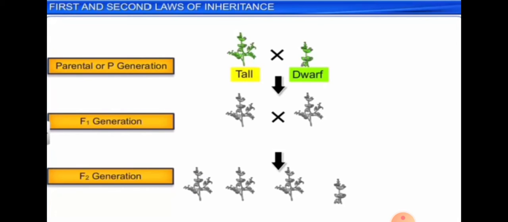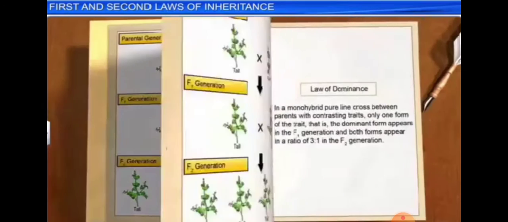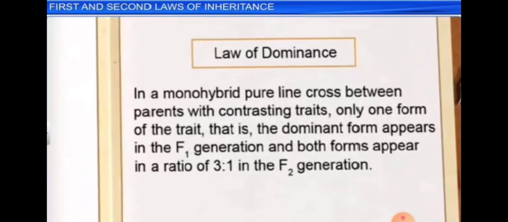Therefore, through his experiments with tall and dwarf pea plants, Mendel found the character of tallness was more potent over the character of dwarfness in the F1 hybrid, and both tallness and dwarfness appeared in a 3:1 ratio in the F2 hybrid. Mendel called this the law of dominance.